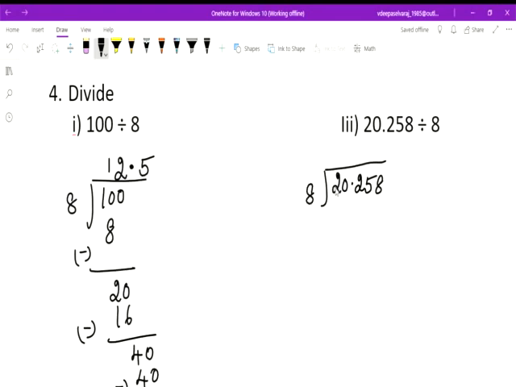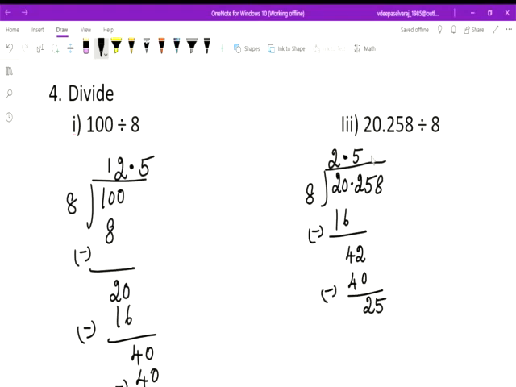Now in 20, how many 8s are there? 2 eights are 16. Now you subtract this, what will you get? 4. Next, see here the decimal is there. So keep the decimal and take the next digit. Now 42. How many times does it occur? 5 times. 5 eights are 40. Now subtract this, what will you get? 2. And take the next digit, 5.